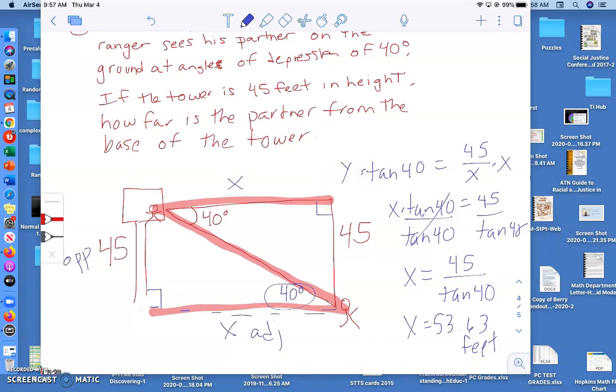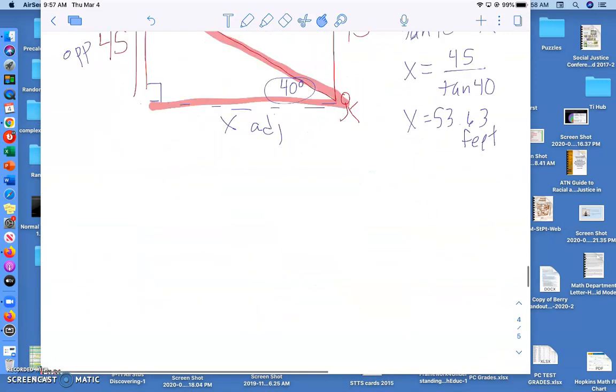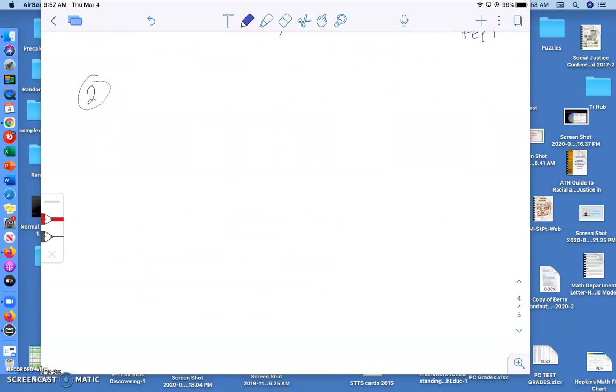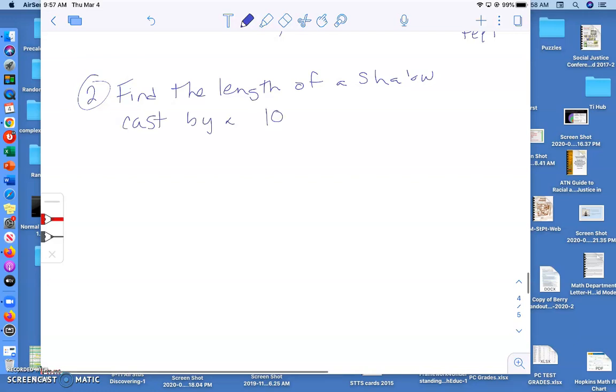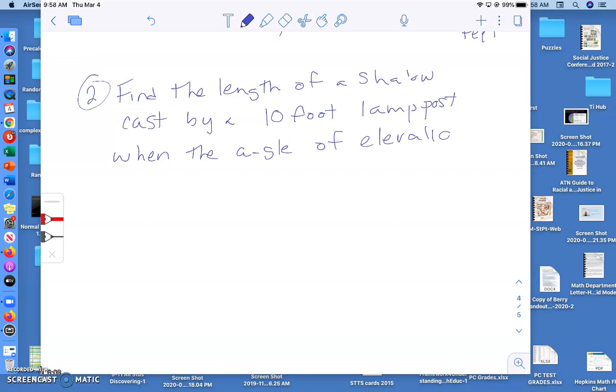All right, so let's take a look at one more here. Find the length of a shadow cast by a 10-foot lamppost when the angle of elevation of the sun is 58 degrees.